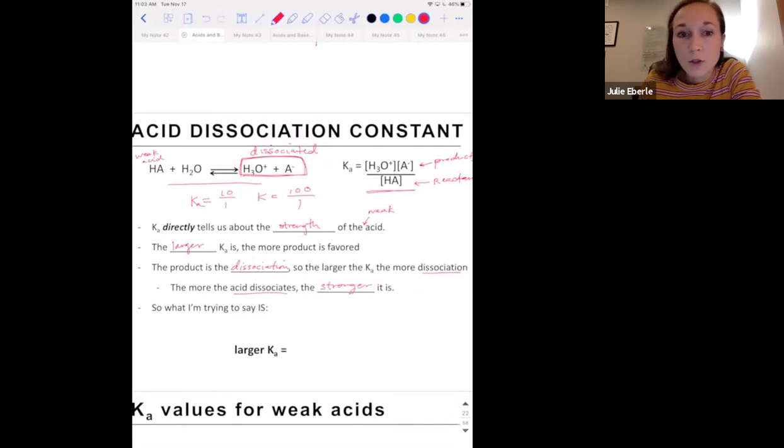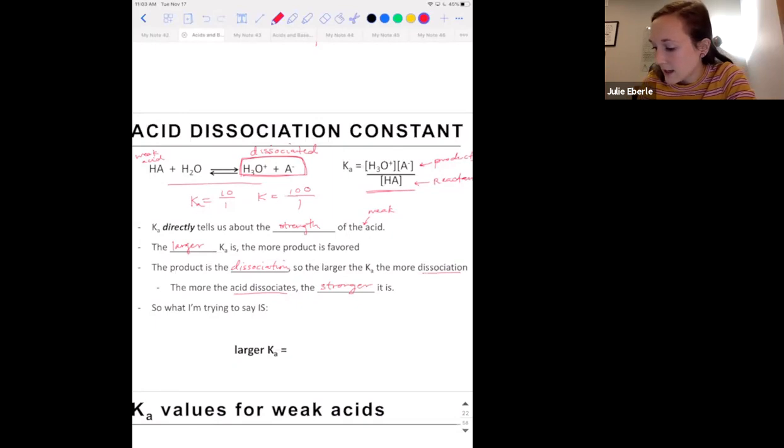Remember, last week I said, would you rather drink a small amount of HCl, hydrochloric acid, which is an insanely strong acid, or a small amount of vinegar, which is acetic acid? And we know HCl is highly corrosive. Why? Because it's a super strong acid. Why is it a strong acid? Because it 100% dissociates. So the more an acid dissociates, the stronger it is, the more corrosive its effects are.